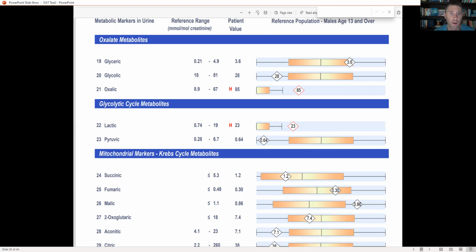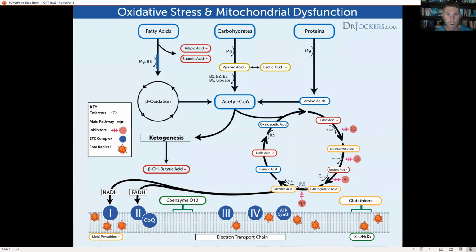However, if you're exercising at a high intensity, or if you're deficient in certain nutrients like magnesium and B vitamins like vitamin B2, then you may not be able to turn lactic acid into pyruvic acid, and therefore you're going to be very energy inefficient. Your system is going to be very dependent upon sugar metabolism, which means you're going to end up with hypoglycemia, lower energy, fatigue, more inflammation in your body, a lot of different problems there.